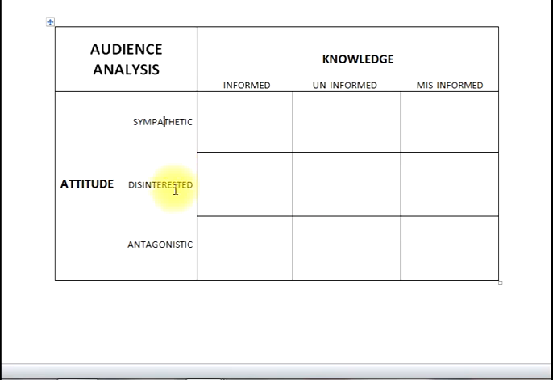So if you know that this neutral group is neutral because it doesn't have information, your job then is to give them information. If you know that they have the information, but they're still not committed one way or the other, your job is to make an appeal based on what they should do with the information, their obligation, their responsibility, that sort of thing.